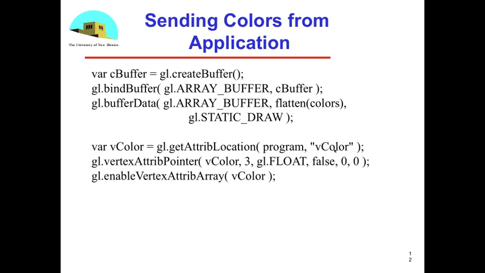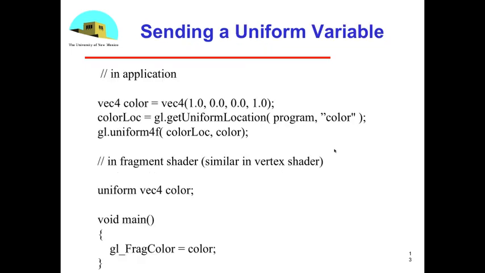Now, uniform variables are a little more straightforward because they're not changing, and it's usually just one value. It's not an array that we're sending over, so we don't have to worry about a buffer. So here's a simple example where what I want to do now is make the entire primitive have this red color.